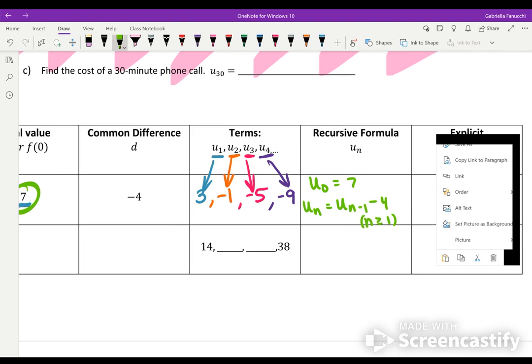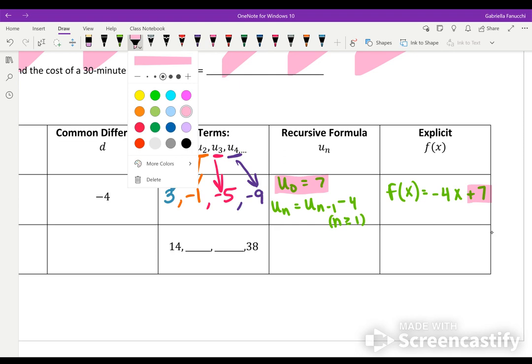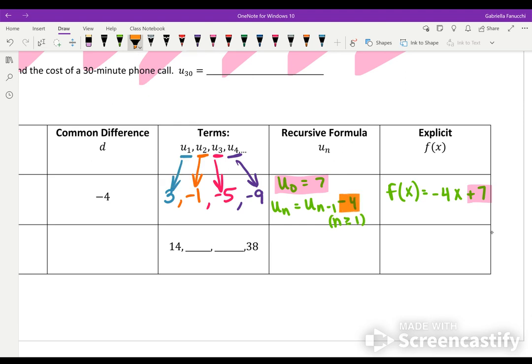And then the explicit formula will be f of x is equal to our common difference, our slope, negative 4 times x plus 7. This portion goes here. I color code so you know where what goes where.